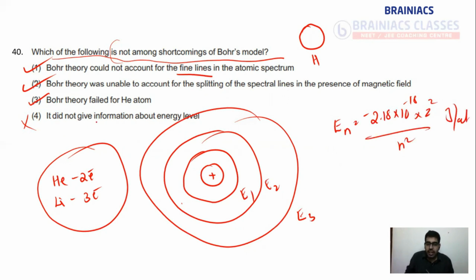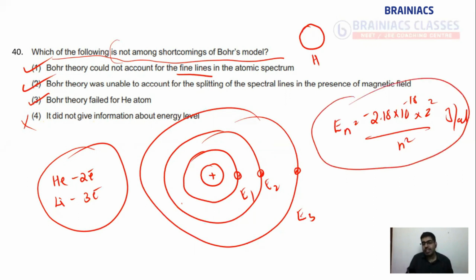So his model could explain the energy of each orbit using this formula, and the last option is wrong.